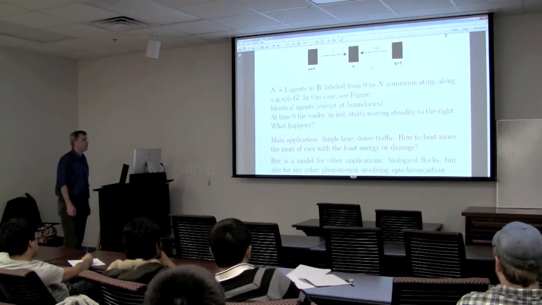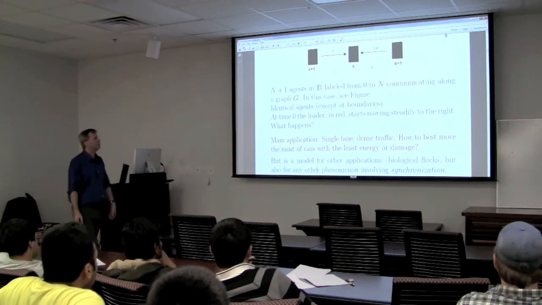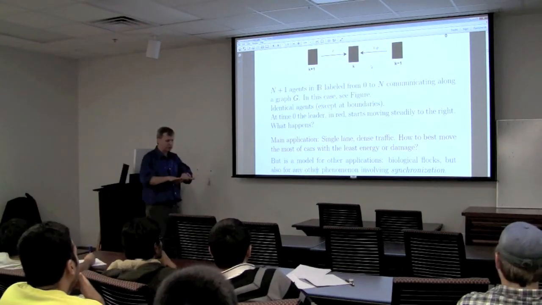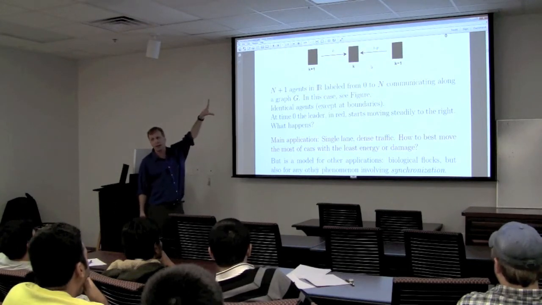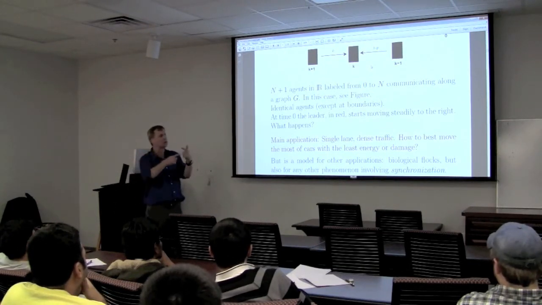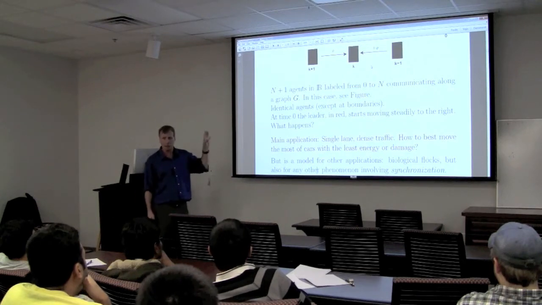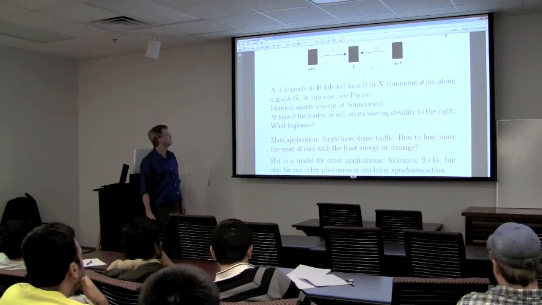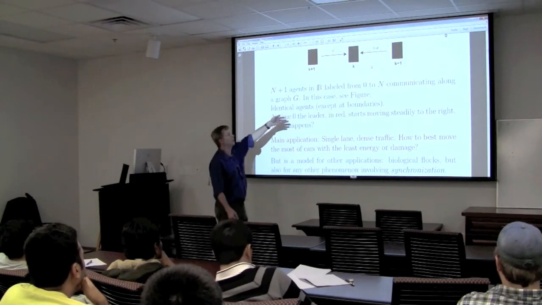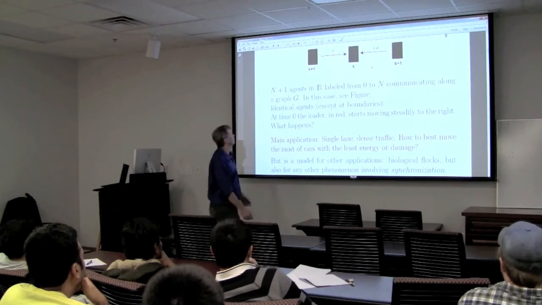Here's the story again. The agents, I don't know if I said everything. In general, of course, with more general situations, especially with birds, you have to think of these things as on a graph. So they communicate along what we call a communication graph. I'm not going to address that here. In our case, we have, of course, a linear graph, very simple.